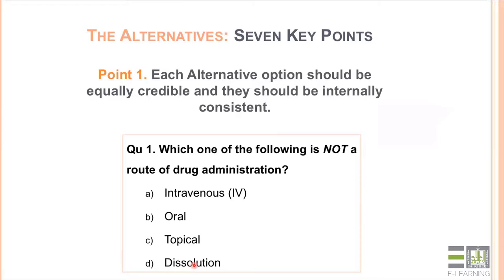to the question. Something that would not be plausible would be, for example, replacing this answer with diffraction. Again, it's got nothing to do with pharmacy, and a student who doesn't really have a good understanding of pharmaceutics or pharmacy would be able to see that diffraction does not relate to drug administration.